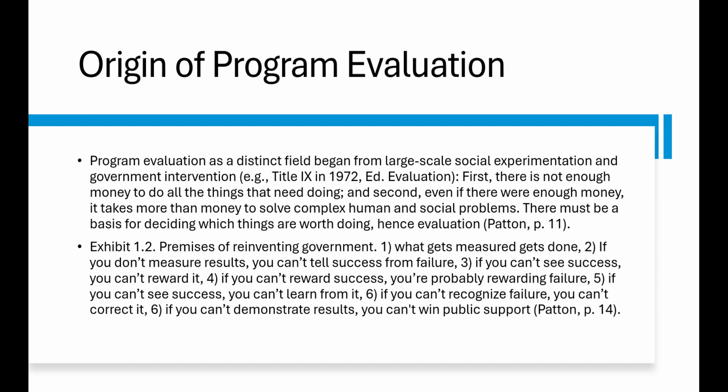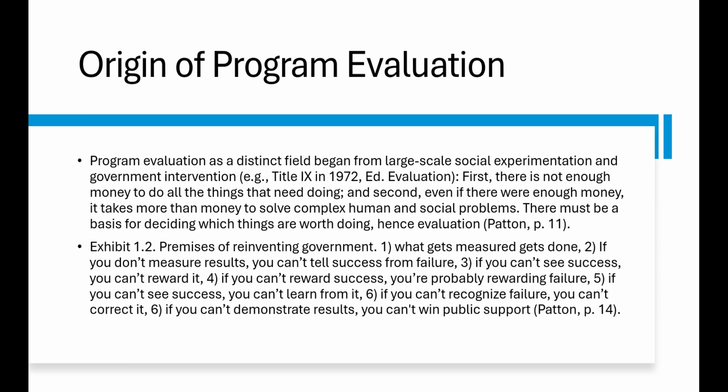First, what gets measured gets done. 2, if you don't measure results, you can't tell success from failure. 3, if you can't see success, you can't reward it. 4, if you can't reward success, you're probably rewarding failure. 5, if you can't see success, you can't learn from it. 6, if you can't recognize failure, you can't correct it. And 7, if you can't demonstrate results, you can't win public support.